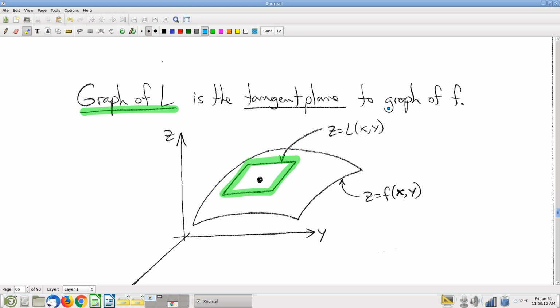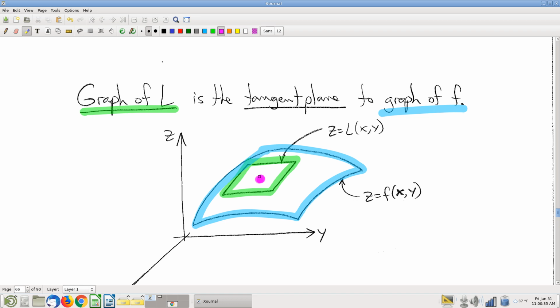If I were to look at the graph of f, well, this green graph and the blue graph are graphs of functions that have the same value at the point in question, so that means that they go through the same point. And they have the same partial derivatives. That means that the slopes of the cross sections in the x and y directions are the same.